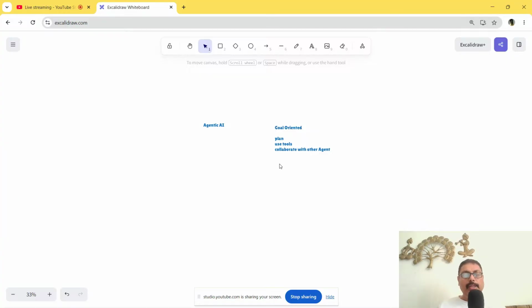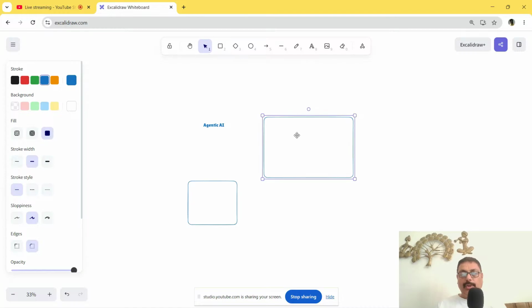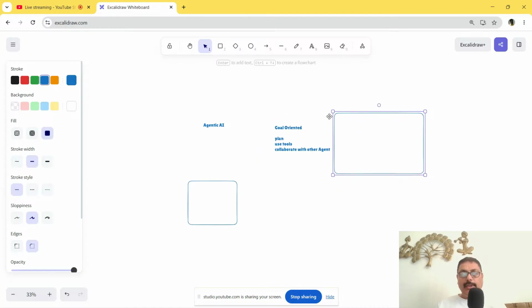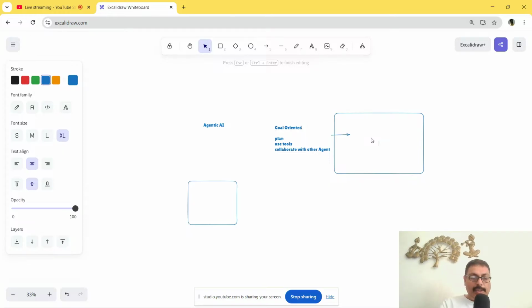We are talking about agentic AI versus traditional AI. I told you how in generative AI, what happens, and in agentic AI, what happens. So this is for the agentic AI part, and this one is generative AI.